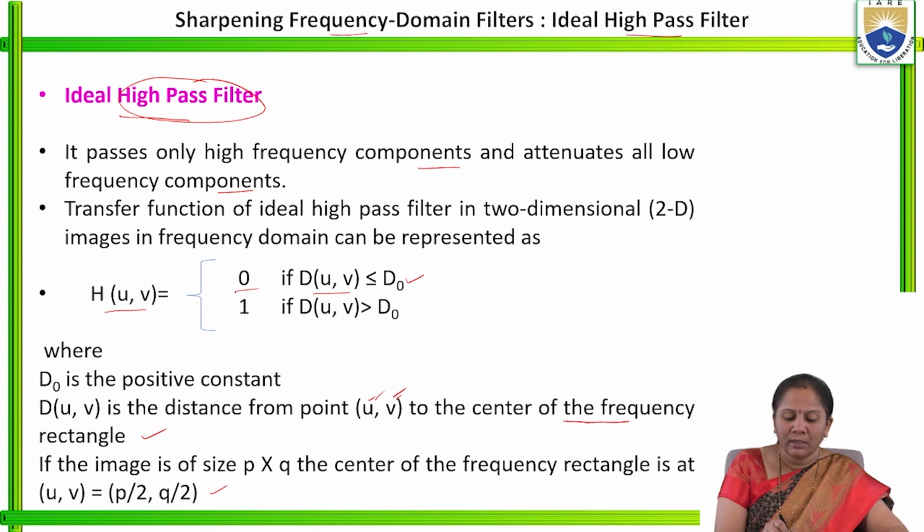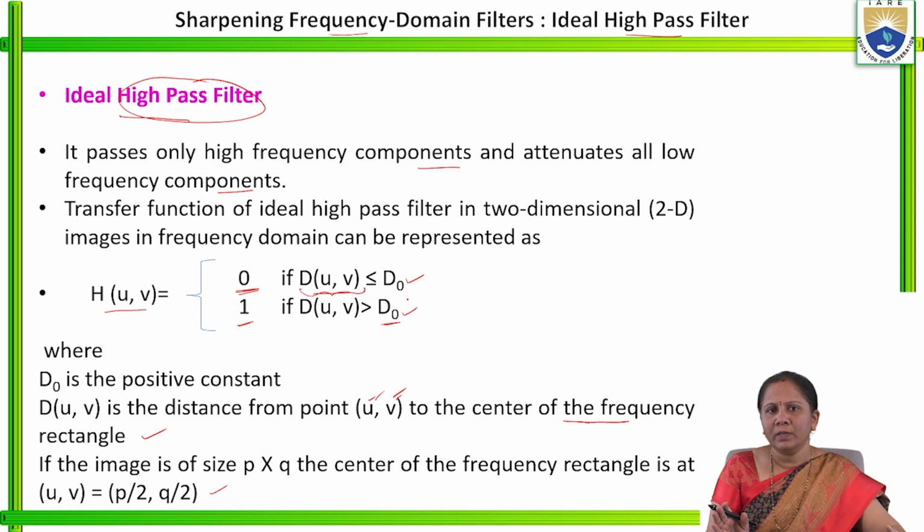Here, H of u comma v is equal to 0 if D of u comma v is less than or equal to D naught. That means for all the lower frequencies, the value will be 0. All the lower frequencies will be attenuated, blocked. And it will be 1 when D of u comma v is greater than D naught. D naught is the cutoff frequency.